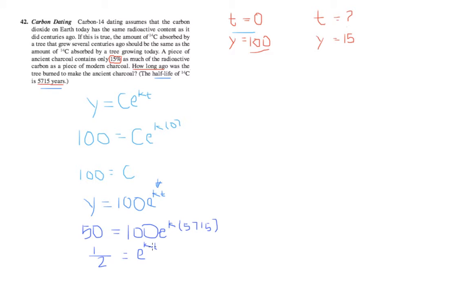Then you put this in natural log form. So that would be natural log of 1/2 equal to k times 5,715.